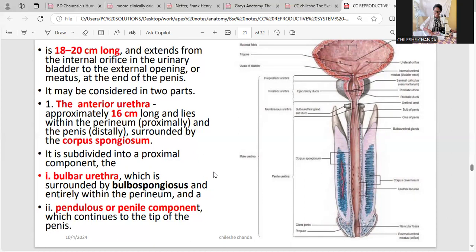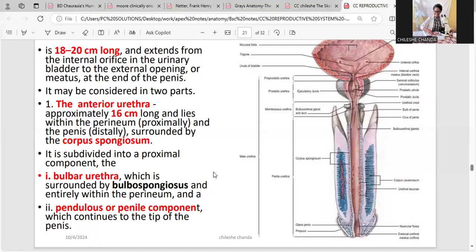The perineum is that space between the anus and the scrotum. So inside there we have that part of the urethra which lies there, as well as the one which comes all the way into the penis, that is the anterior urethra.